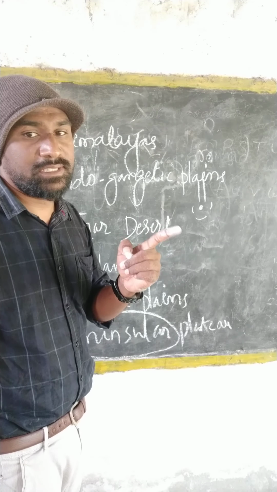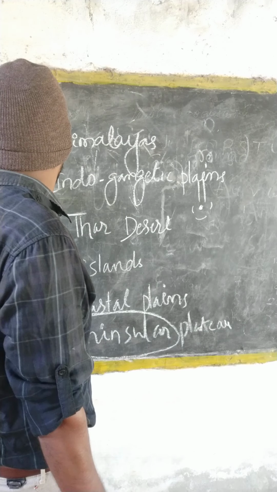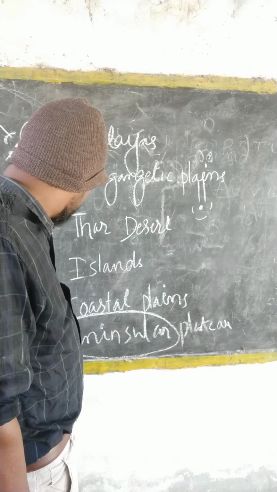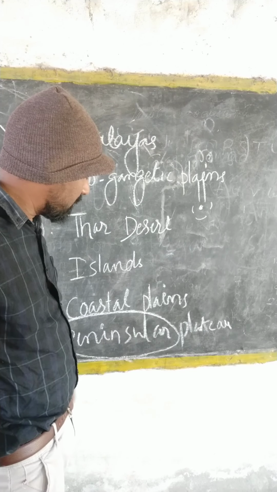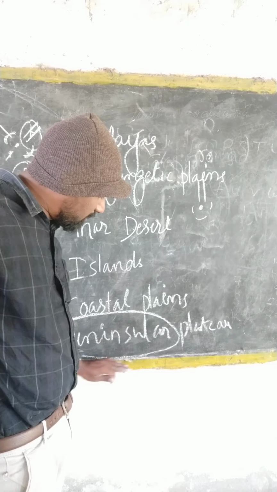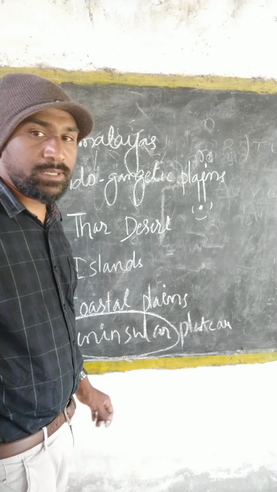Only the Himalayas are the open land for India, and three sides are surrounded with water. That's why we call India a peninsular plateau. This is the particular definition for this term, peninsular plateau.